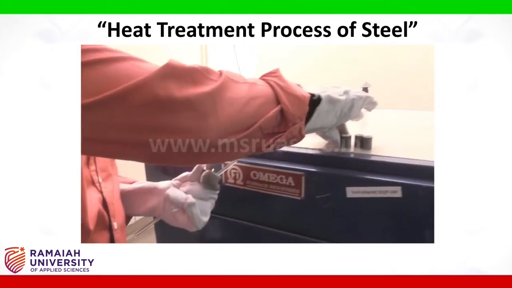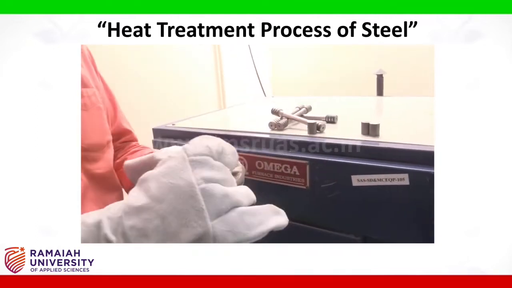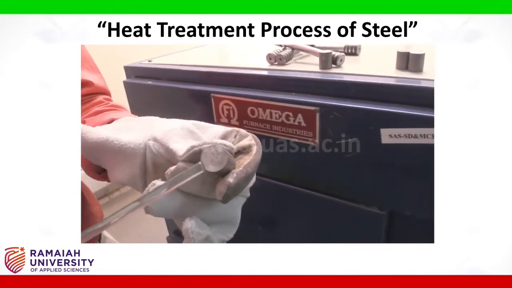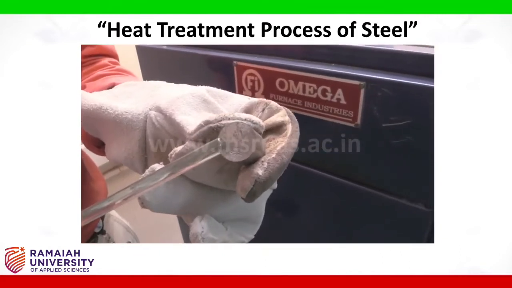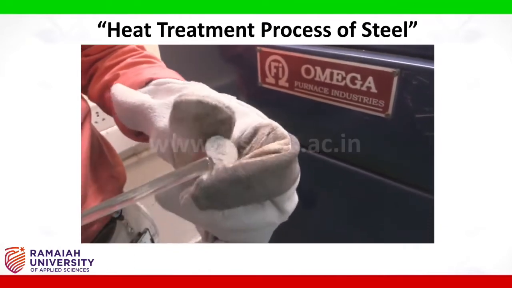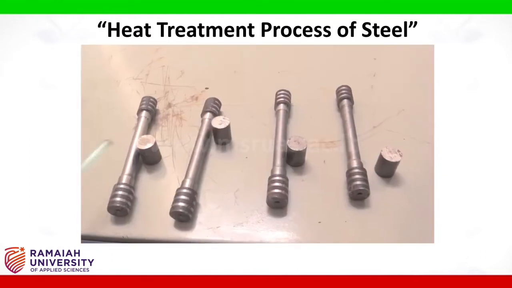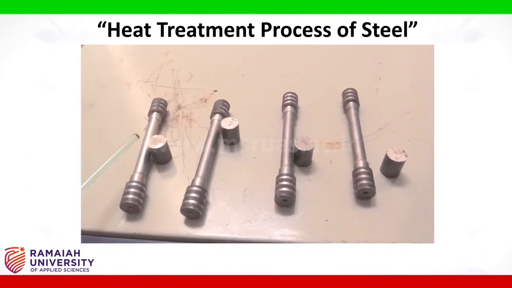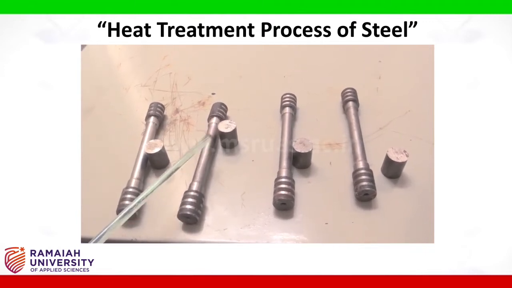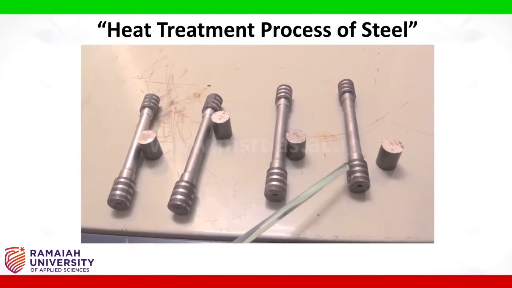And I have got another sample, which is also medium carbon steel. One end I will use to see the microstructure, and the other end I will use to check the hardness. I have taken 4 sets: one set for the annealing process, second for normalizing, third for hardening, fourth for tempering.